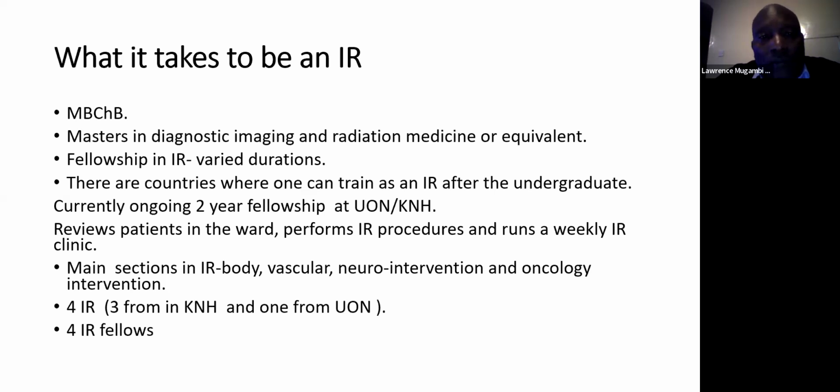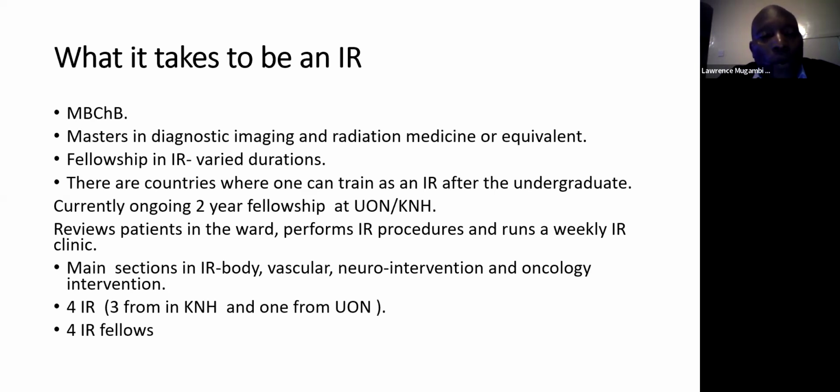Currently in our country, we have a 2-year fellowship training, which is run in conjunction with KNH and the University of Nairobi. But there are countries where you can train as an IR after undergraduate.